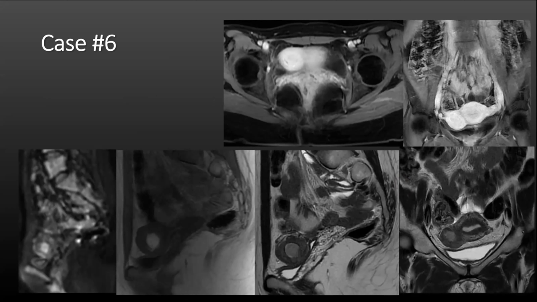Okay. So what do you think is the most likely diagnosis?